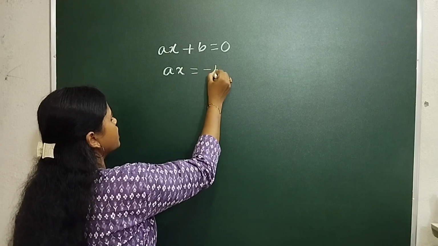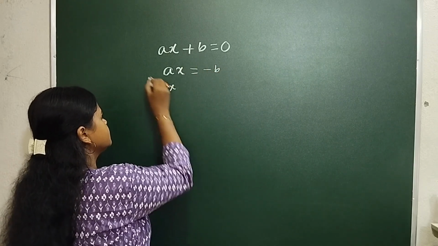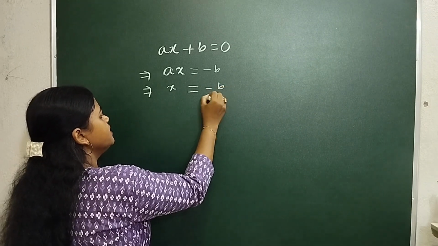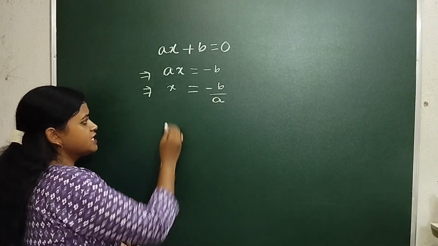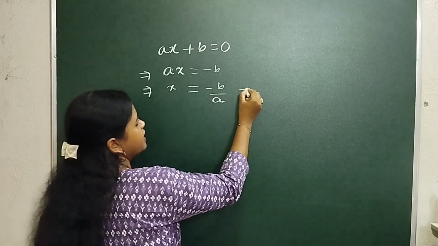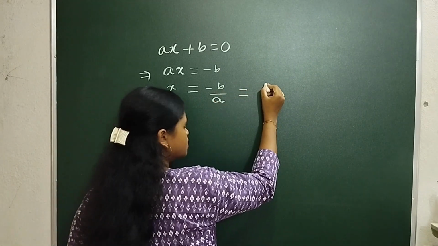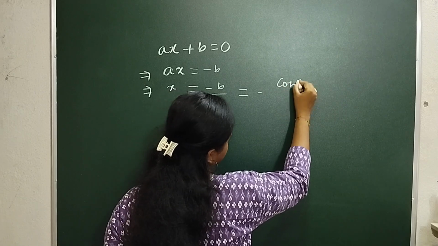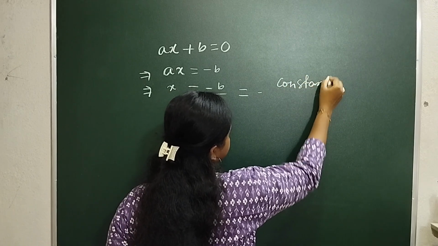So ax equals minus b, and that is why x equals what? Minus b by a. So this is the root of the polynomial, and minus b is the constant term.